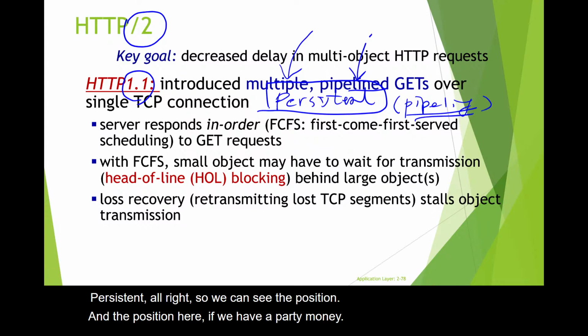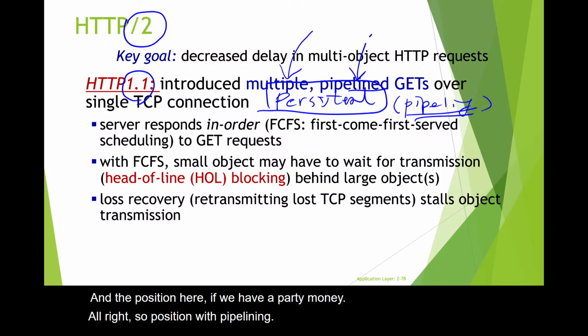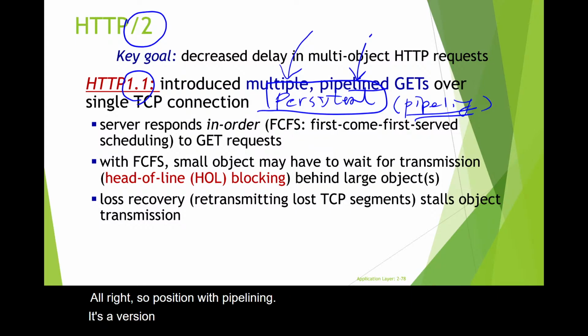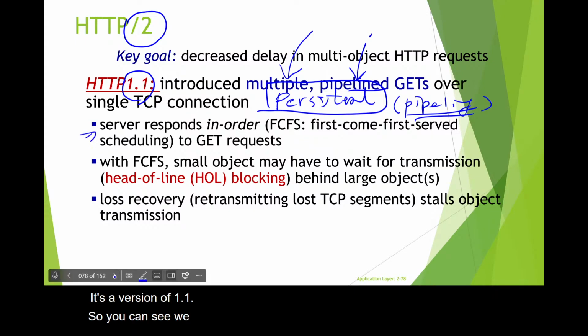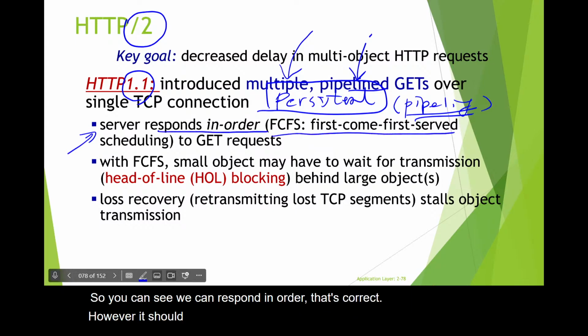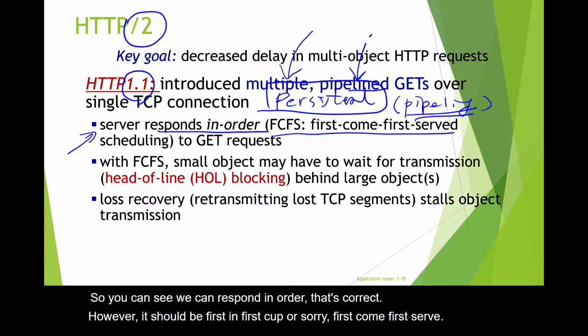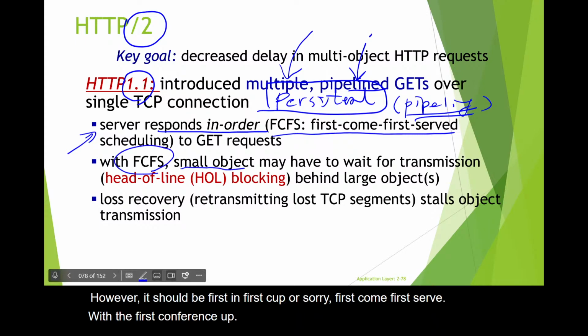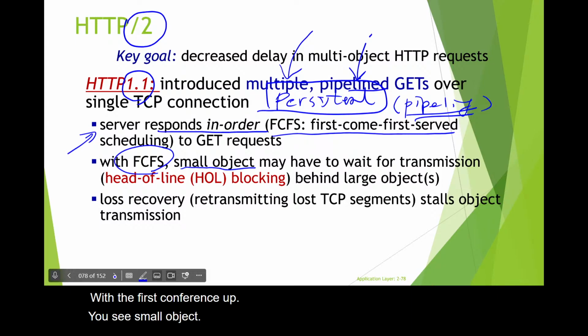So persistent with pipelining is version 1.1. You can see we can respond in order. That's correct. However, it should be first come, first serve. With first come, first serve, a small object has to wait for transmission, maybe behind a larger object.